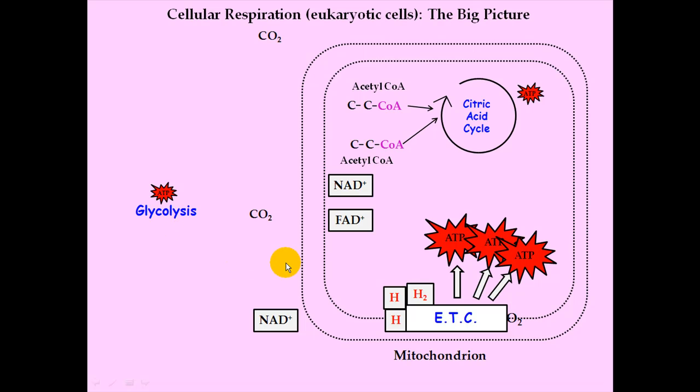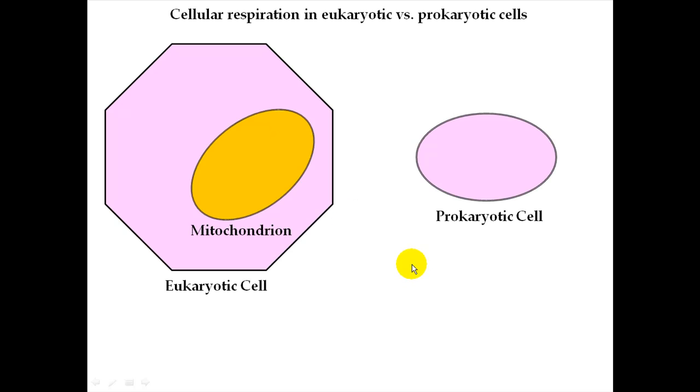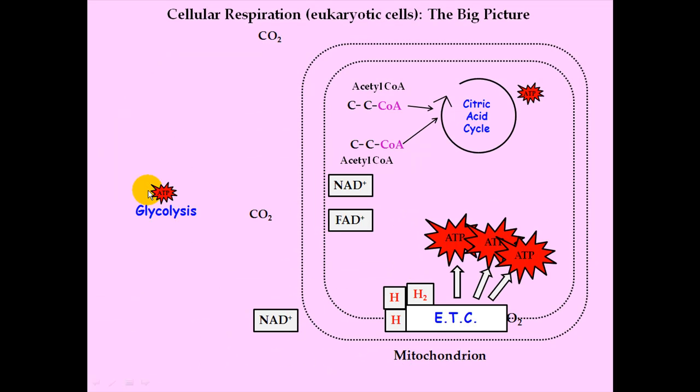Here we're taking a look at basically how respiration occurs in eukaryotic cells. You know that prokaryotic cells can also make ATP, and so there are prokaryotic cells that can also do respiration. There is a difference, though, in where glycolysis, the citric acid cycle, and the ETC are found in eukaryotic cells versus in prokaryotic cells, and so here's that difference.